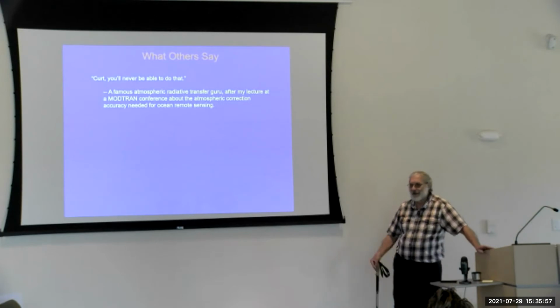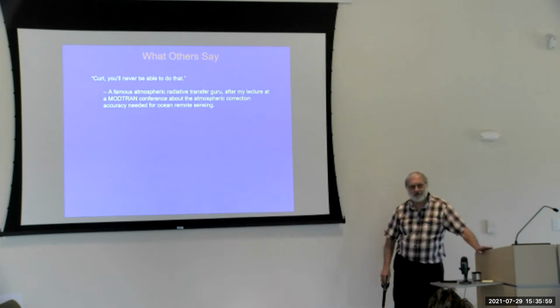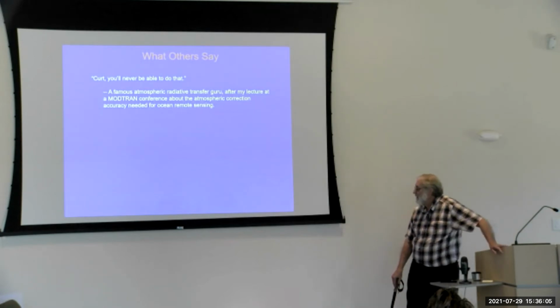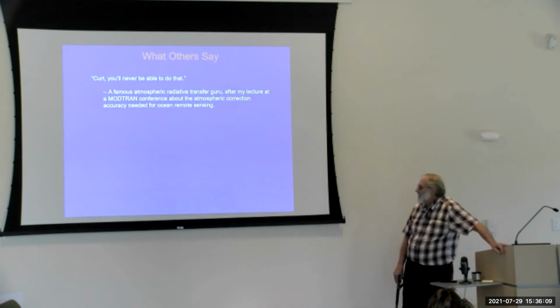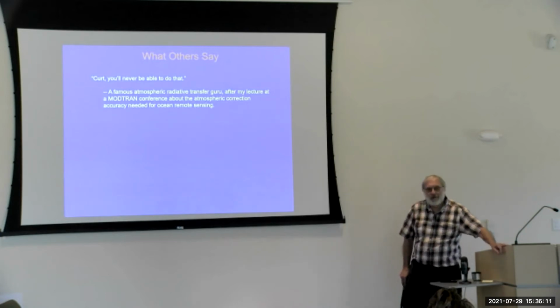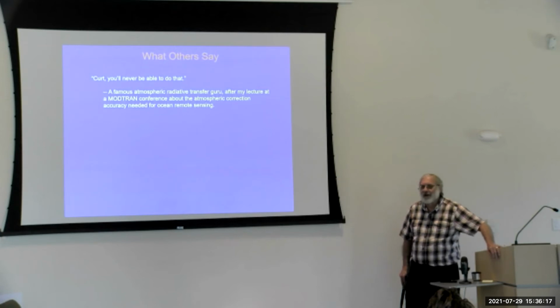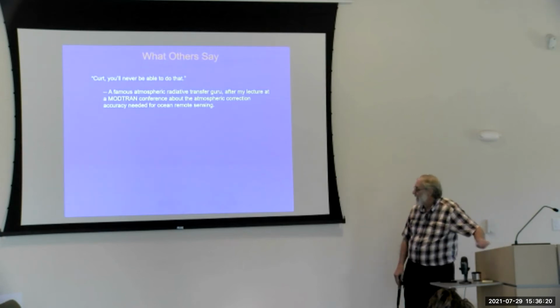And I said, you know, here's the level of accuracy that I need to do ocean color remote sensing. And the great guru of the field, who's a great guy, we're buddies and all that, he said, quote, Kurt, you'll never be able to do that.